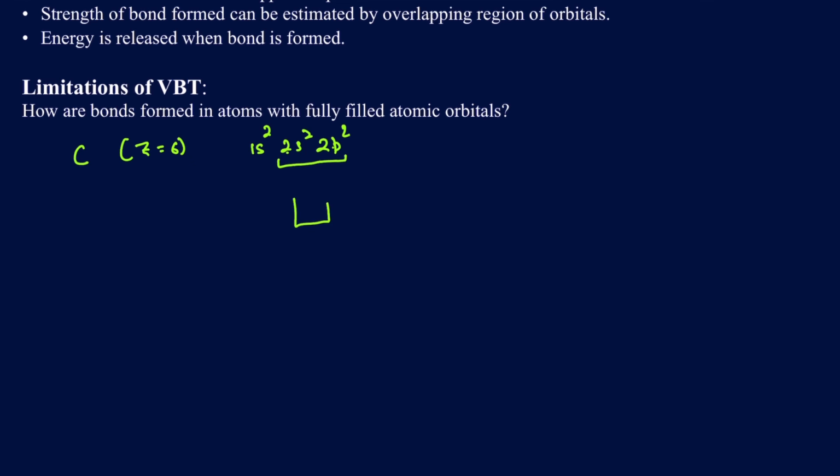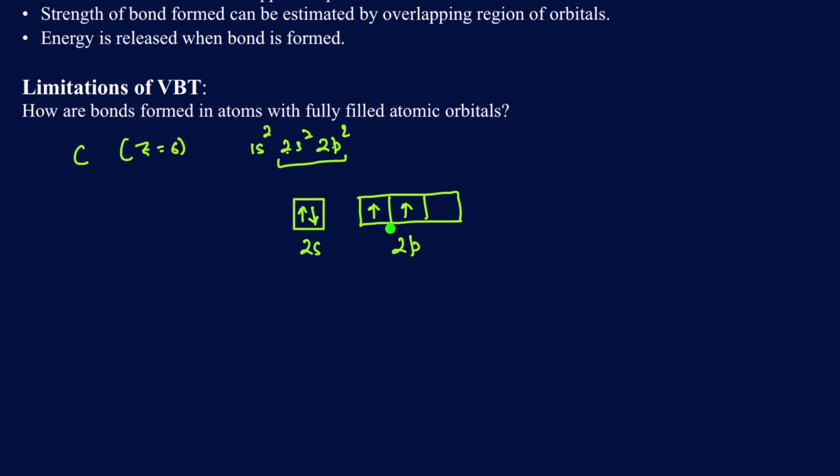So if I go ahead and draw my orbitals in this particular case, I know I got one orbital in the 2s, and I know I got three orbitals in the 2p. So I will have two electrons in the 2s, and I got two electrons in the 2p. Now, based on the valence bond theory that we just talked about, if that was true, we would see that this carbon has only two half-filled atomic orbitals.